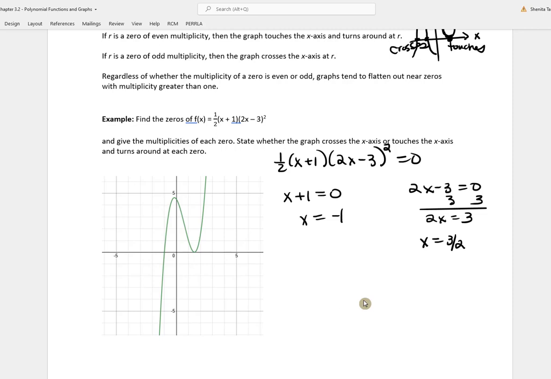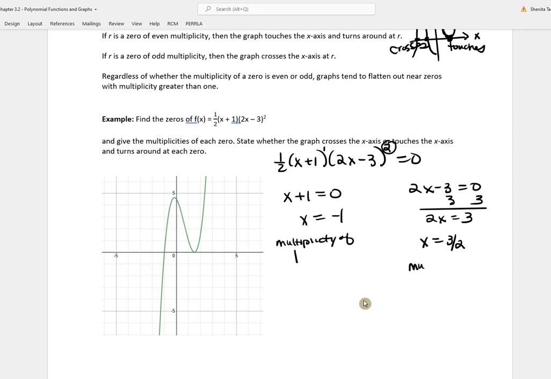So how do we determine the multiplicity? Basically, the multiplicity is how many times this appears in your equation. So if you look at x plus 1, it only appears once. There's an exponent of 1 here, you just don't see it. So you have a multiplicity of 1. Here, 2x minus 3 has an exponent of 2.